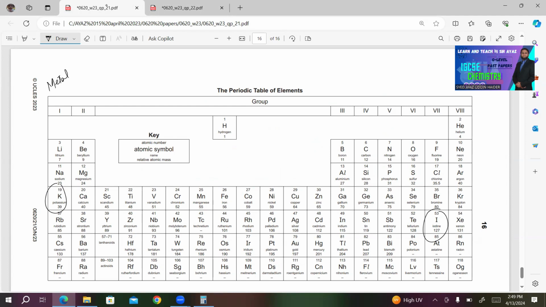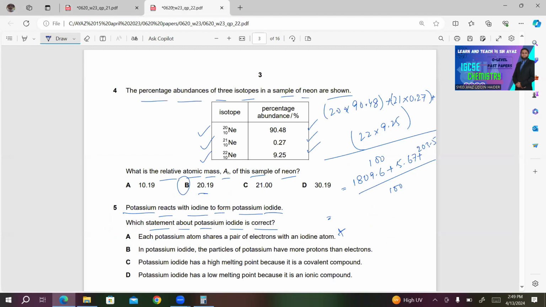Iodine is in group 7, it's a non-metal. So it must be ionic. In an ionic compound, there's a transfer of electrons, or loss and gain of electrons. So statement A is incorrect.